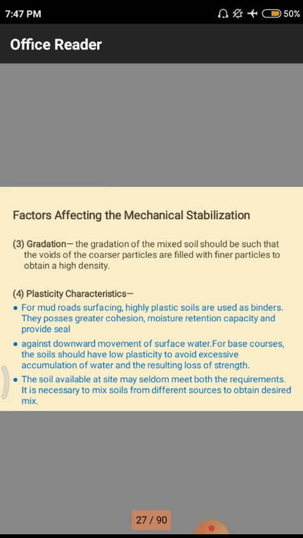The gradation of the mixed soil should be such that the voids of the coarser particles are filled with finer particles to obtain high density. In this particular sentence, we have to observe a specific thing. The gradation of the mixed soil should be such that voids of coarser particles, that means if our soil has a huge amount of voids, we need to choose very fine matter.